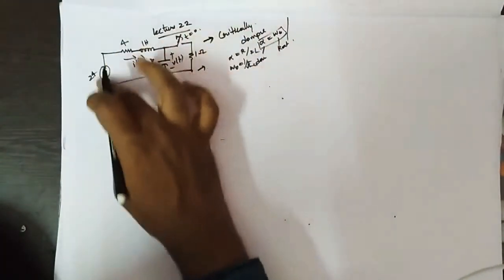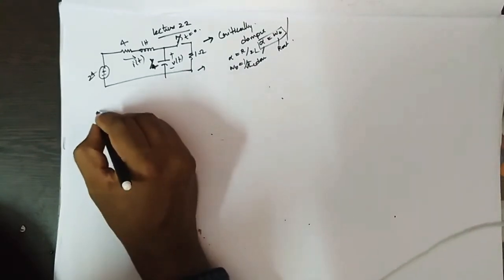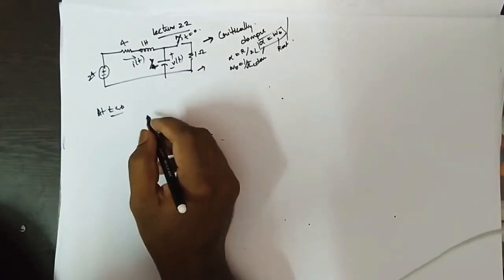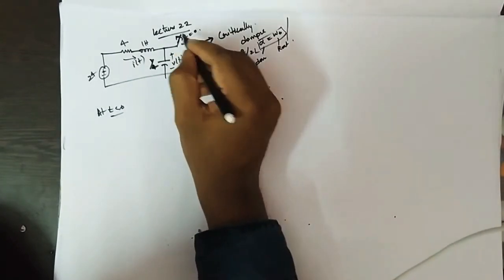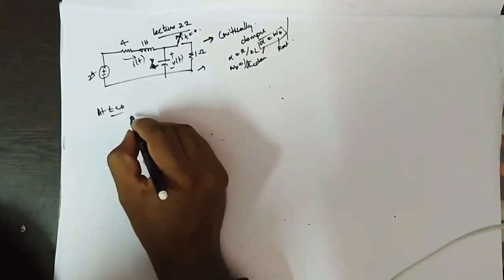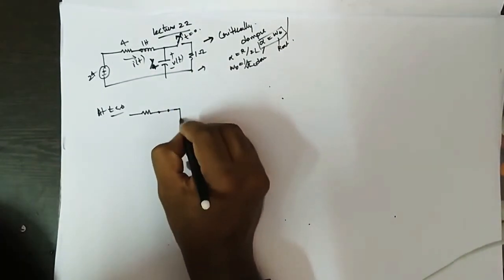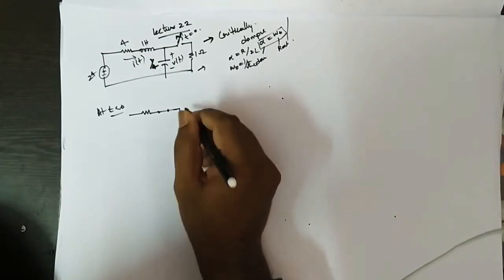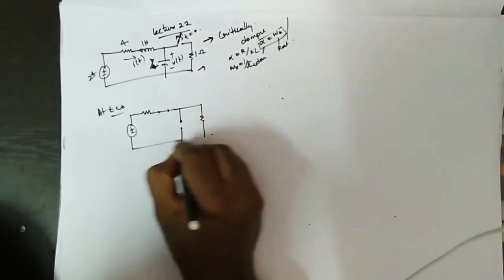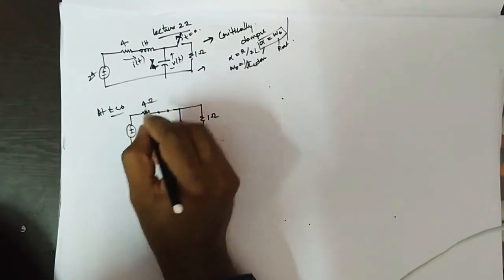To do this, we take the Laplace transform of this circuit. Initially, at t less than 0, how does the circuit behave? The switch is opened at t equal to 0. So before that, the inductor at steady state acts as a short, and we have the resistance R1 value of 1 ohm and 4 ohms.